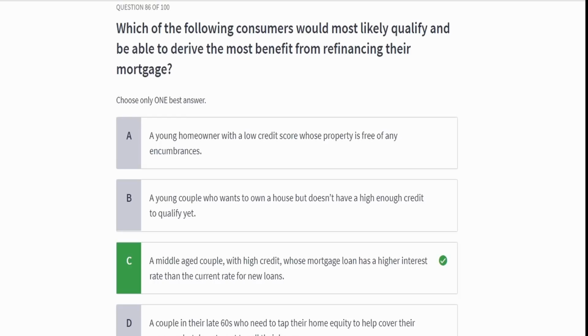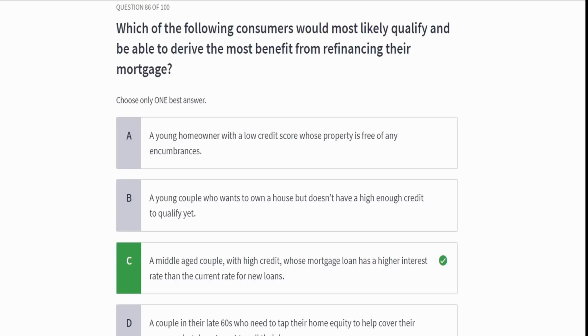What is important and what they can change is the credit. So you saw high credit. And then you also see mortgage loan has high interest rate. Okay, you know that their loan has a higher interest rate, which means they would benefit from refinancing, right? That is the definition. The whole reason to refinance is for people like that with high credit who currently have a high interest rate on their loan, and maybe loans right now are going for way lower interest.